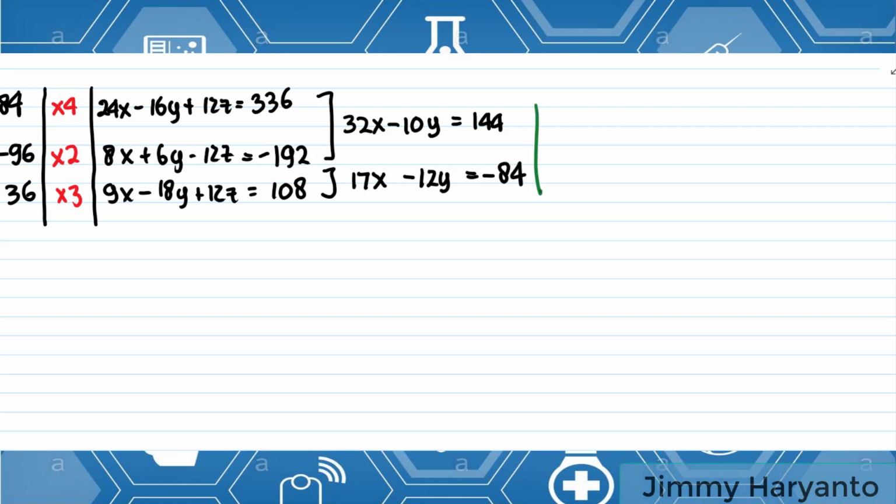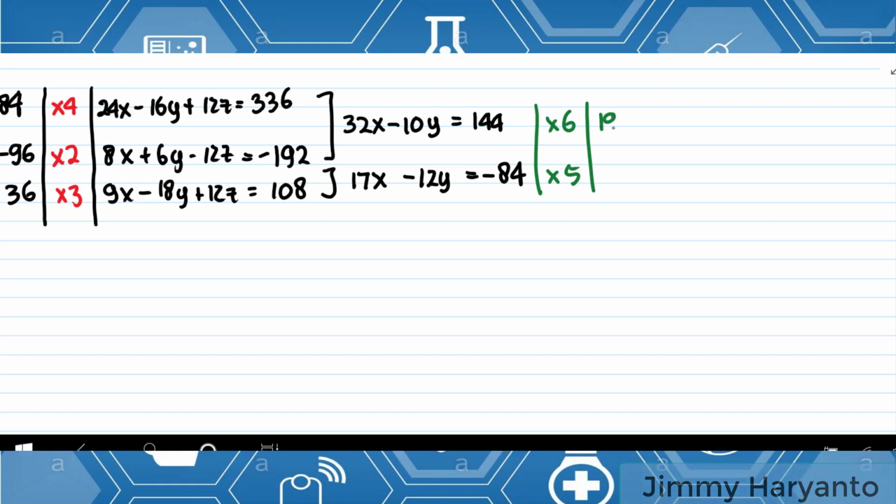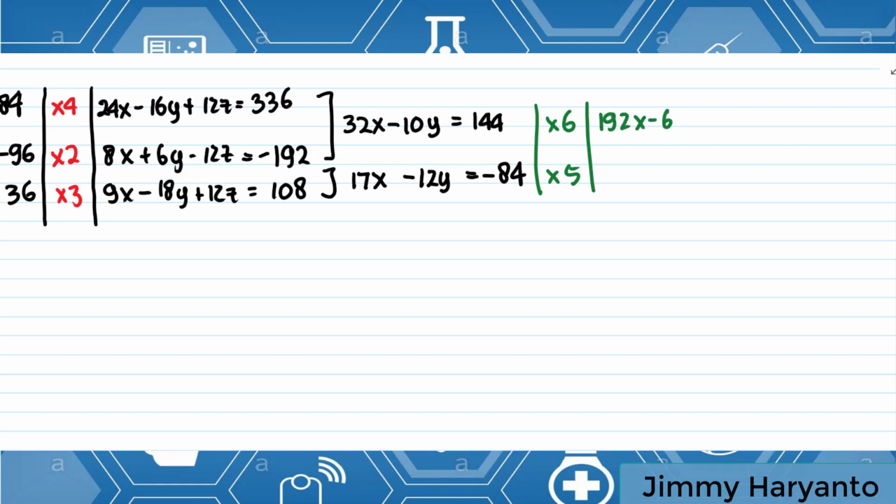Let's try to eliminate one more time. For this one, times it by 6. For this one, times it by 5. Times it by 6. 192x minus 60y equals 864. For the bottom, it's 85x minus 60y equals negative 420.